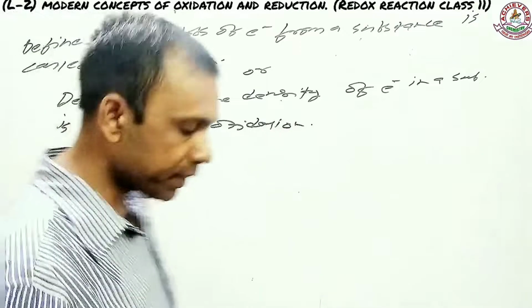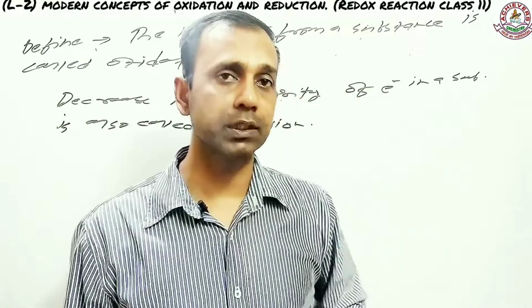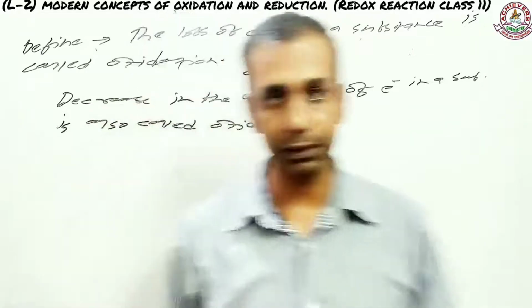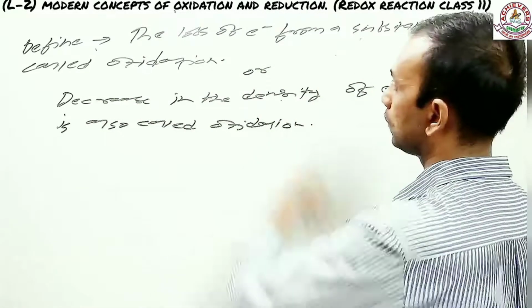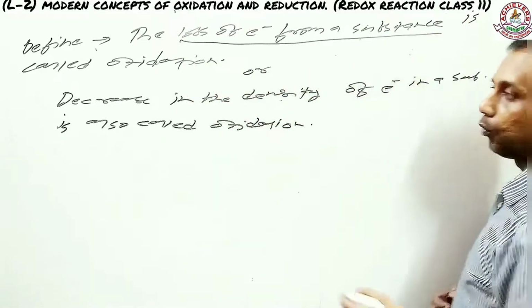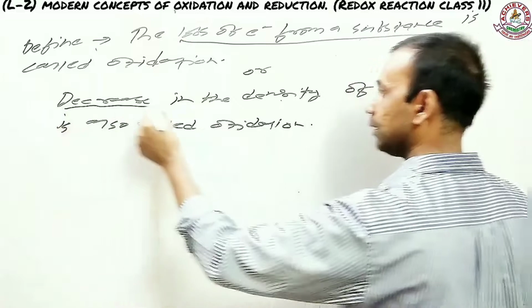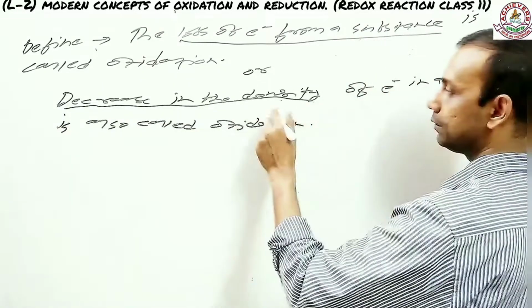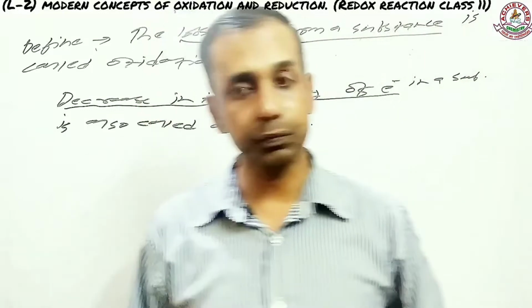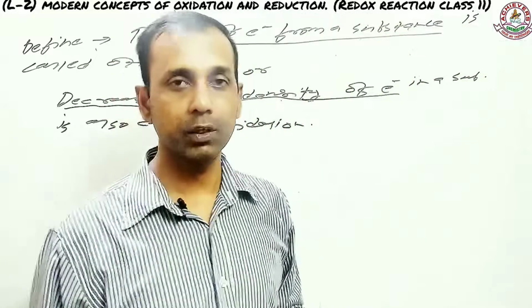So those 5 examples I just made you go through were nothing but 5 different ways to define oxidation, but the thing that was common there was loss of electron. There was loss of electron from a substance. What does that mean? That the density of electron was decreasing. So oxidation is defined as loss of electron or decrease in the density of electron.